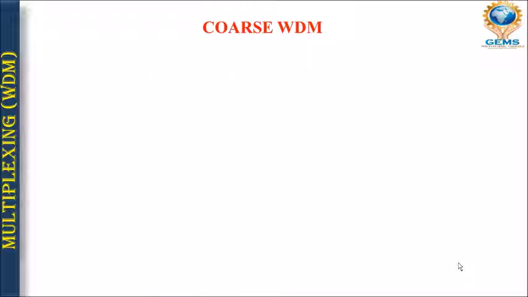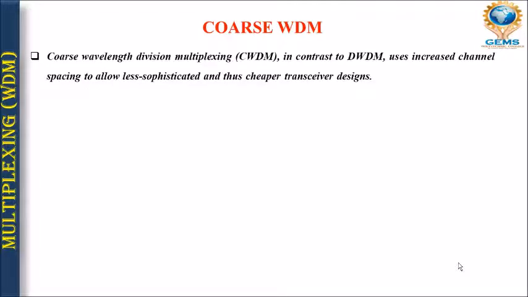Okay. So next, let's talk about the second type of WDM, apart from normal WDM, that is coarse WDM. Basically, in contrast with dense WDM, it uses increased channel spacing to allow less sophisticated, and thus cheaper, transceiver designs. That means it has a cheaper cost compared to dense WDM.